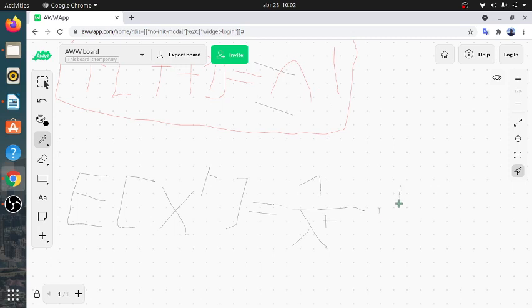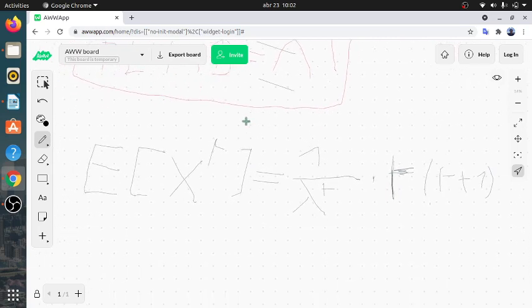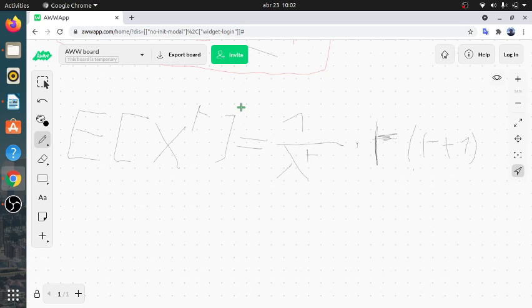We are going to replace that integral with this, gamma of r plus 1.